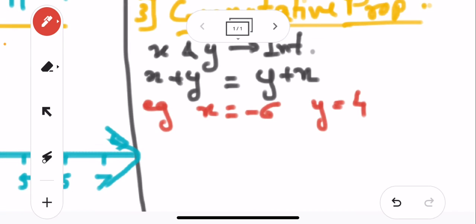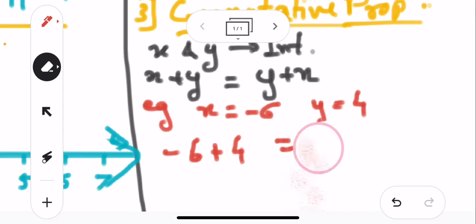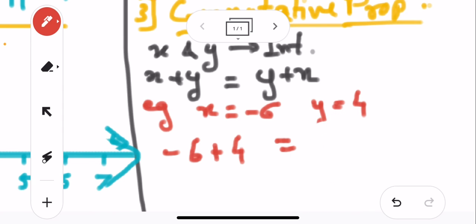So I'll substitute the values. Here my x is minus 6, so I'll put minus 6 plus 4 equals, y is 4 plus minus 6.